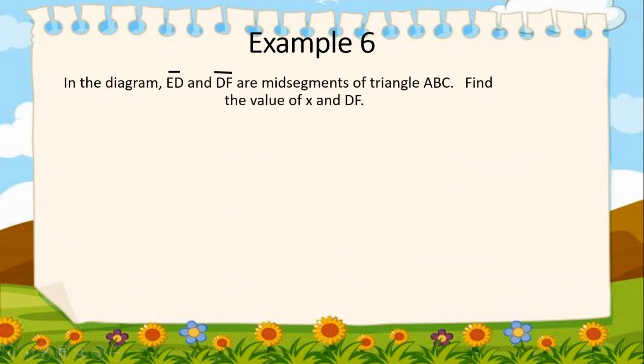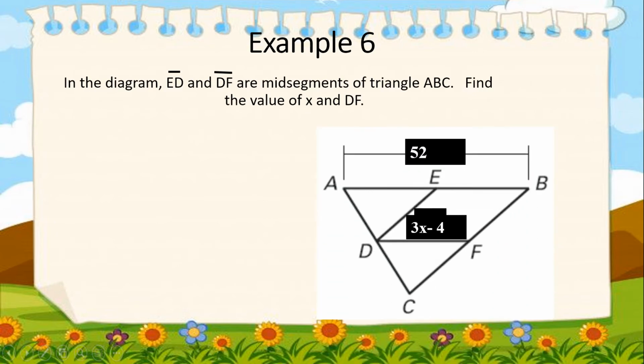Example number 6. In the diagram, ED and DF are midsegments of triangle ABC. Now find the value of x and DF. So in the given figure, we can say that the length of DF is equal to 1/2 the length of side AB.